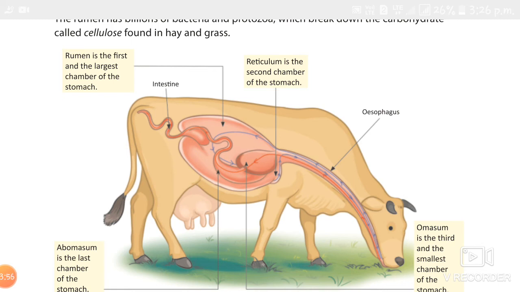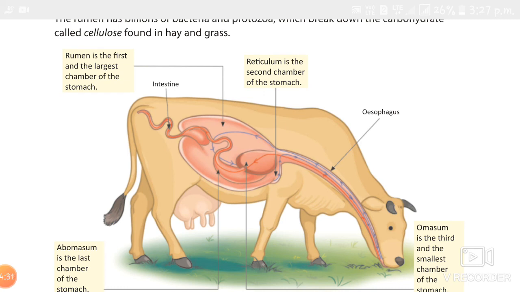What is assimilation? The use of simple substances to build complex substances required by the body is called assimilation. And the fifth one is egestion. Elimination of undigested food from the body is called egestion.